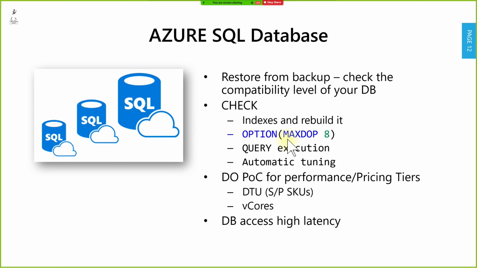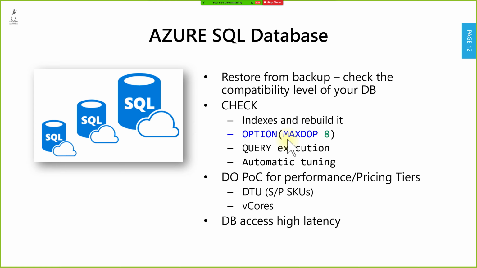Frankly speaking, I every time recommend the DTU scenarios. Why? Because it's easiest to understand how your query will be executed, how much data you will need, how much performance you will need, especially for the POC.